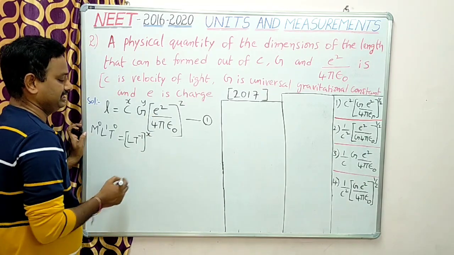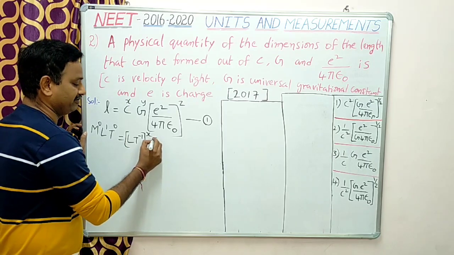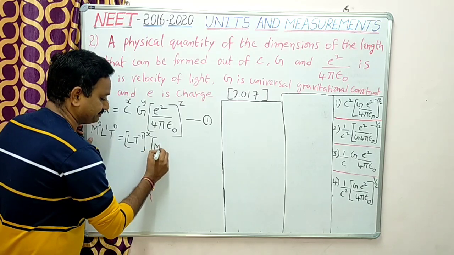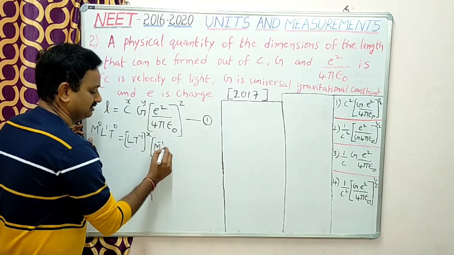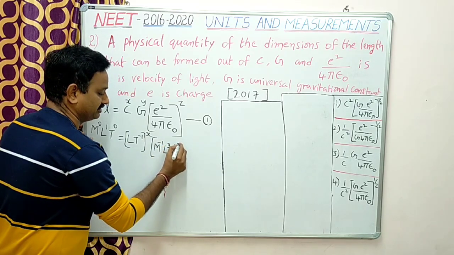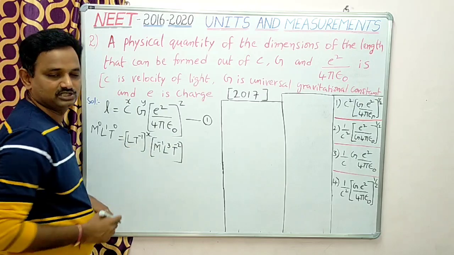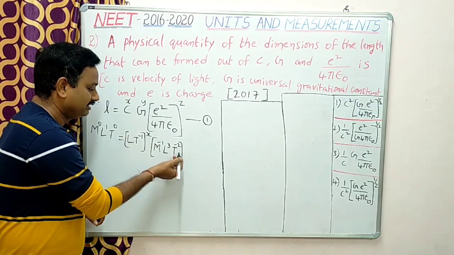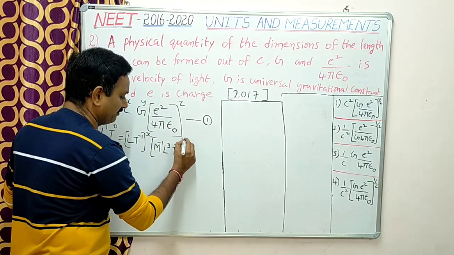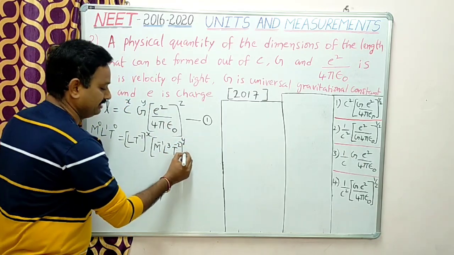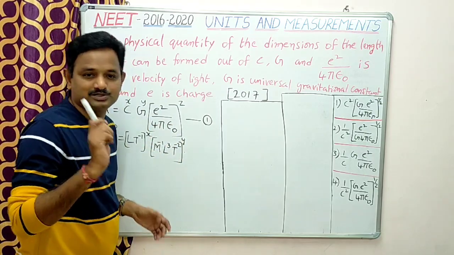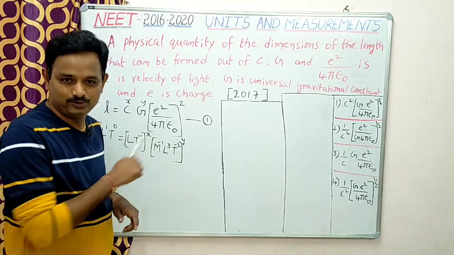Next G. In the previous problem we found that G is m power minus 1 L cube t power minus 2, whole power y. Into this term I need to write the dimension formula of e square by 4 pi epsilon naught. Here e means charge.